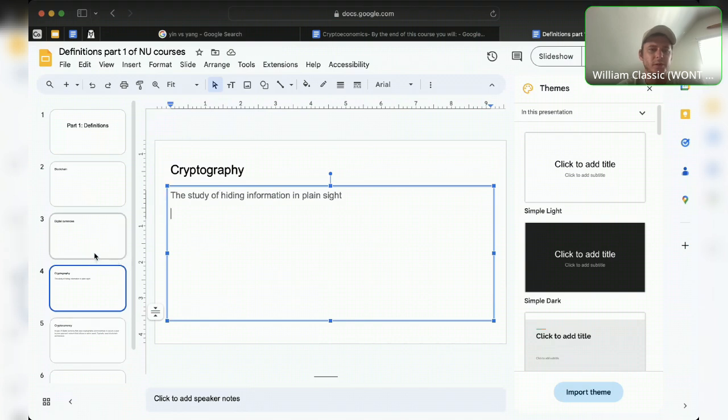How should I do this? Cryptography, because I'm trying to incorporate encryption and decryption, but those are other definitions. So for now I'll talk to the team about it, but I'll do related definitions.